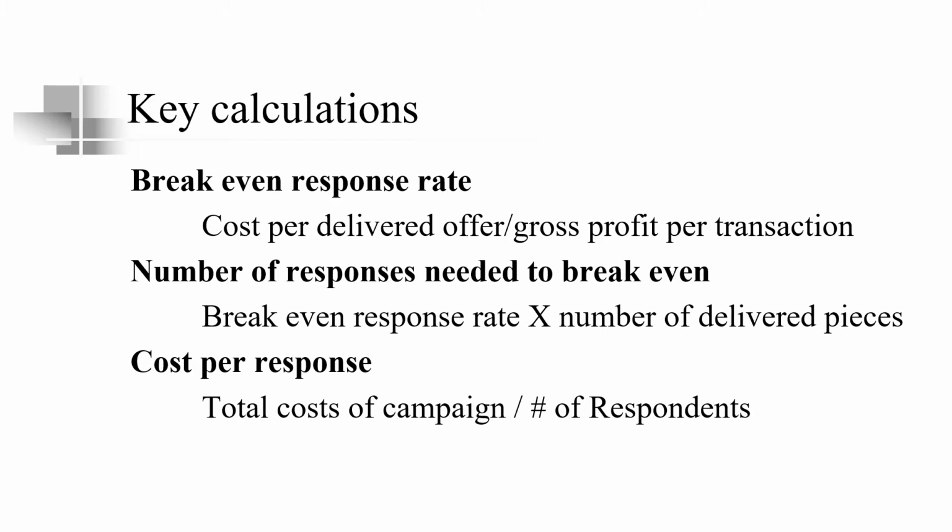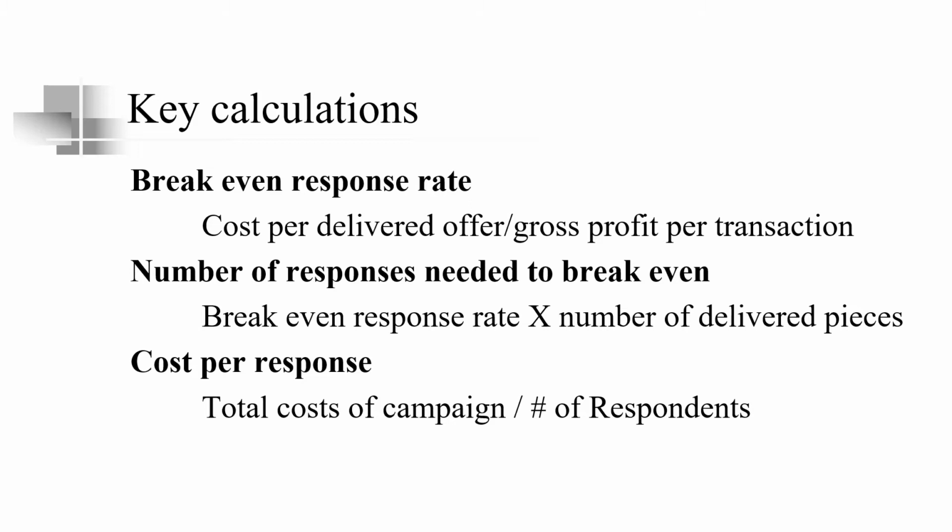Some key calculations: the break-even response rate. This is the cost per delivered offer divided by the gross profit per transaction. Second is the number of responses needed to break even. This, of course, is the cost of the marketing campaign broken down by the break-even response rate times the number of delivered pieces.